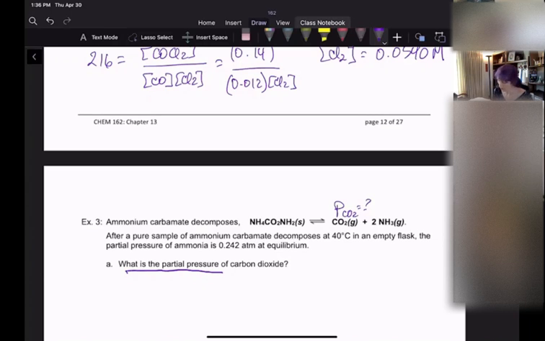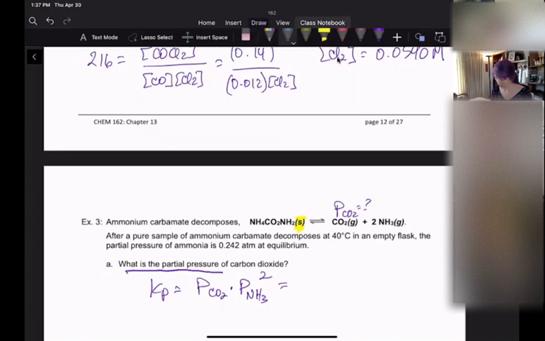But that's okay, we don't need it because the Kp expression is PCO2 times PNH3 squared, and then that's a solid, so that doesn't come into the equilibrium. So we don't have quite enough, we don't have our Kp value. I was thinking we had our value, we don't have that. So we have to figure out what do we know that can allow us to solve this.